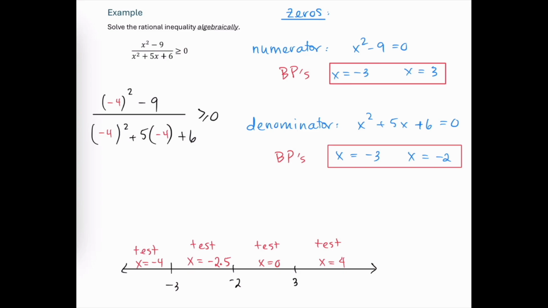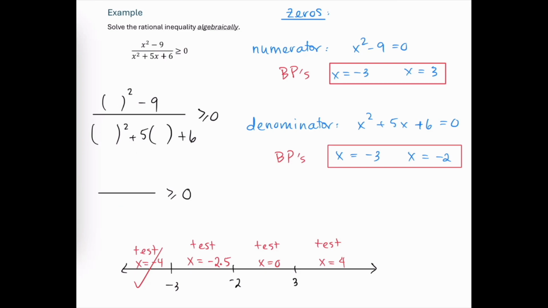In the numerator, we have positive 16 minus 9, which is 7, and in the denominator, negative 4 quantity squared is positive 16, minus 20 plus 6, which is positive 2. 7 halves is the output on the left-hand side, which is greater than or equal to 0, so that is a true statement, and therefore negative 4 is part of the solution set.